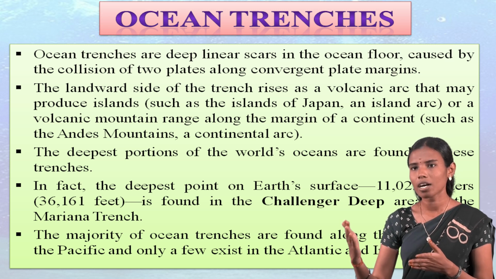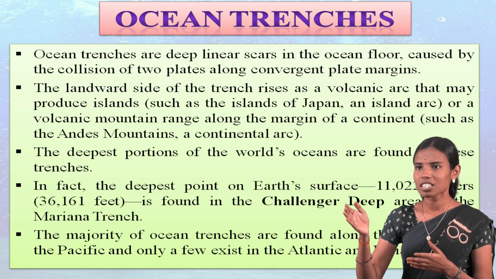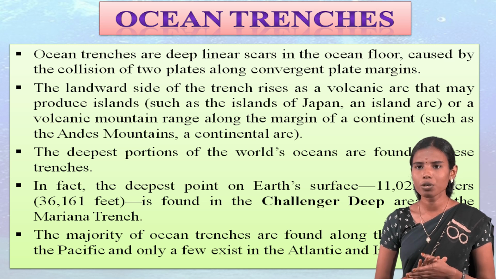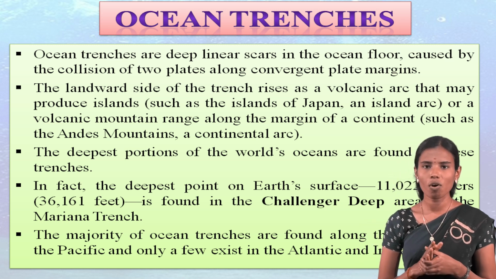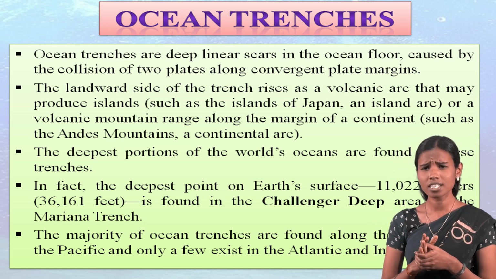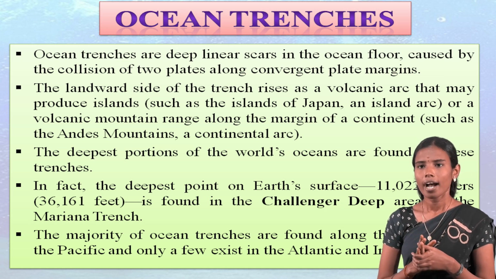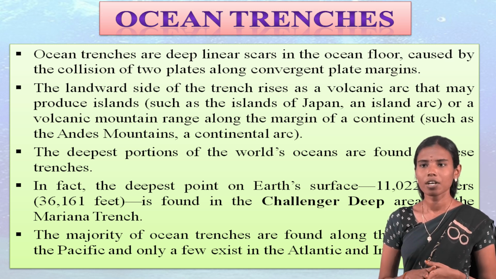The landward side of the trench rises as a volcanic arc that may produce a group of islands or volcanic mountain ranges along the margin of a continent. Best example is the Andes Mountain. Andes Mountain is a continental mountain formed due to the convergent plate movement.